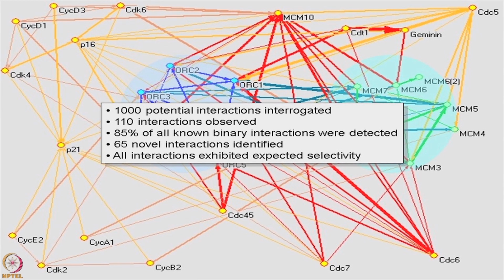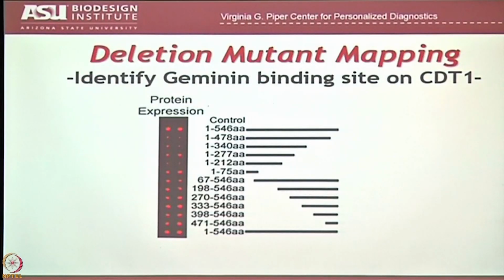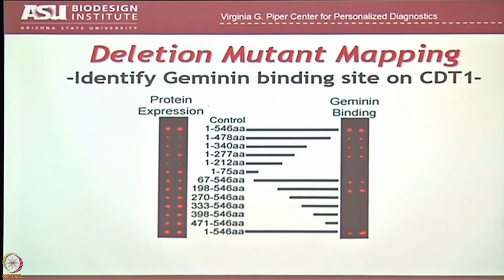And of course, you're not restricted to looking at full-length proteins. If you want to map the binding domain of specific parts of proteins, you can do that. So in this case, we were looking at where the protein geminin binds to the protein CDT1. So we took CDT1 and we made a series of different deletions, right? And we showed that all of them were expressed on the array. And then we probed them with geminin, which interacts with them.